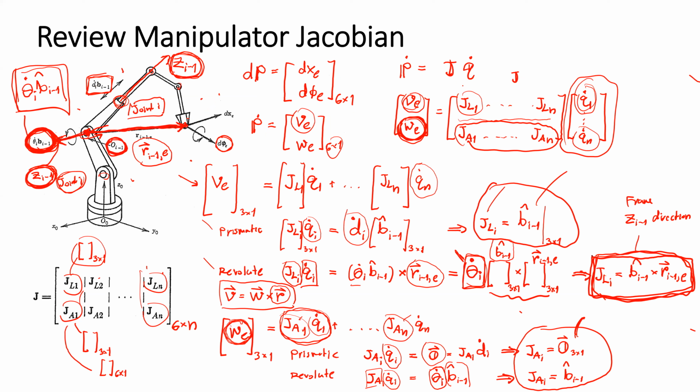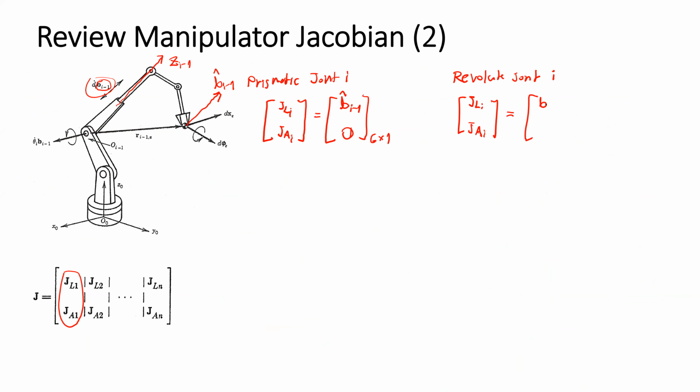It is the cross product of the unit vector indicating the z axis of the revolute joint, the z i minus 1 axis direction, crossed by the relative position vector, the relative position vector that points from the origin of the frame i minus 1 to the endpoint position.